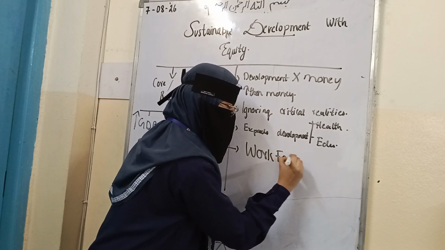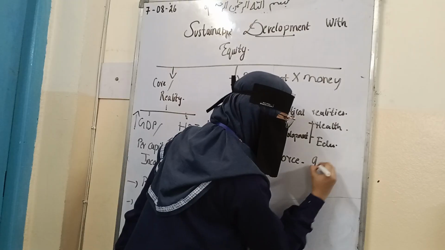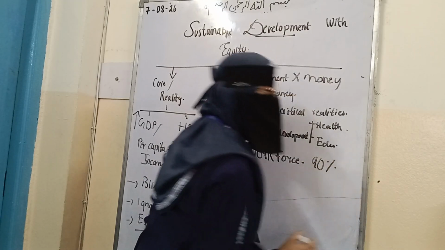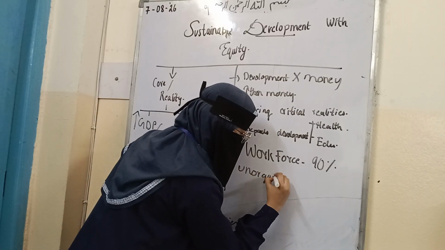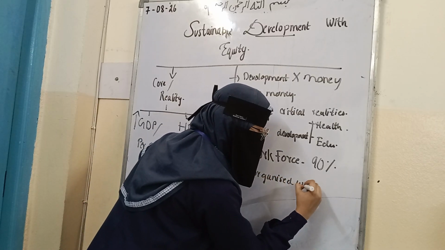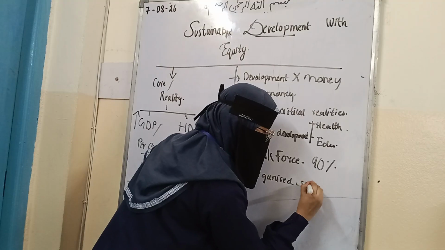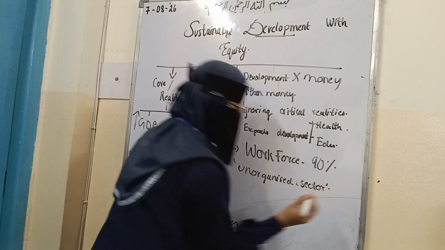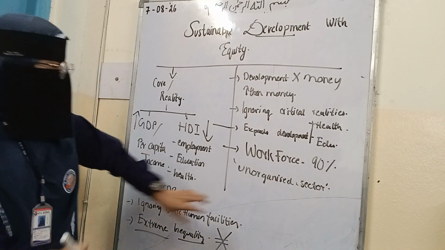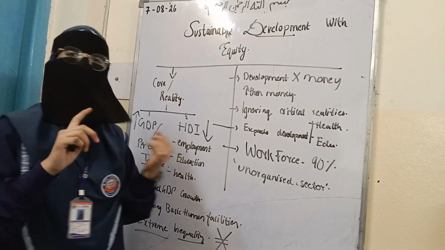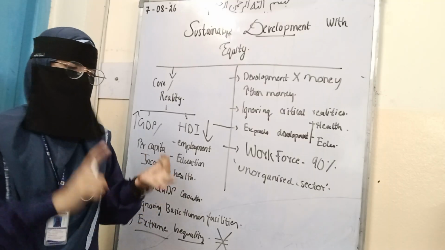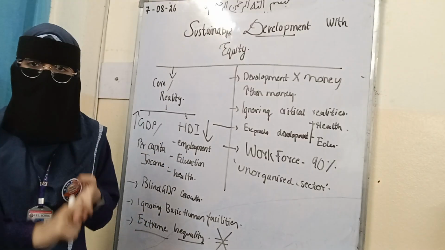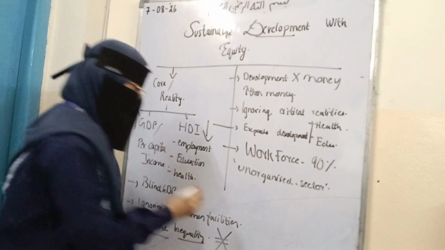Workforce. In India, more than 90% of people are in the unorganized sector. Now, what do we mean by unorganized sector? Organized sector and unorganized sector. In the unorganized sector, they are not getting proper safety, they are not getting proper income, there is no proper salary, no proper holidays, and they are working a lot.